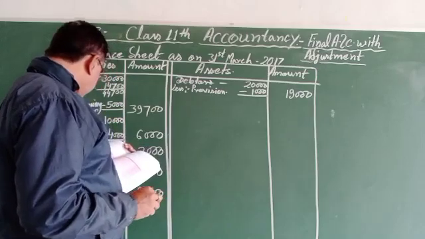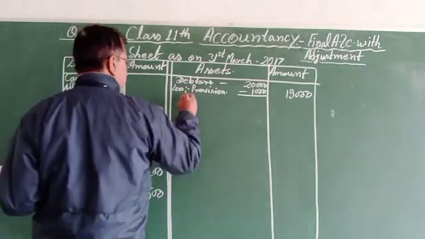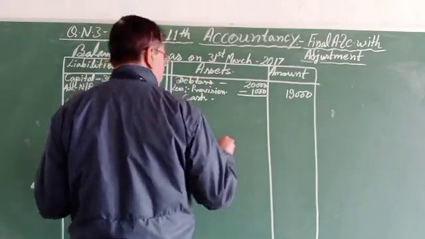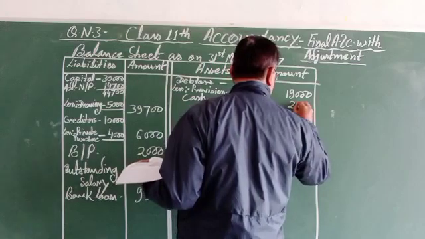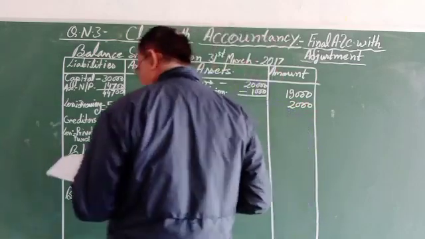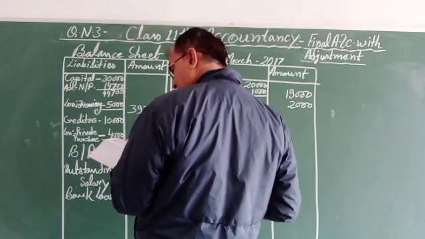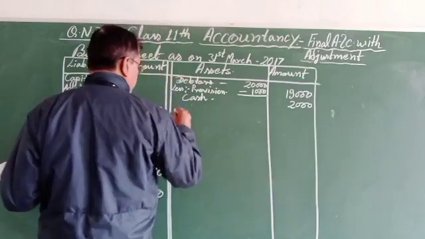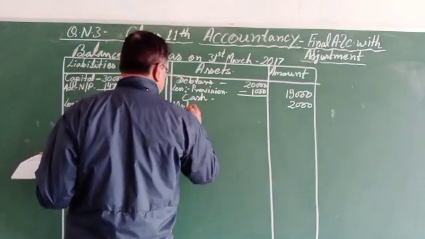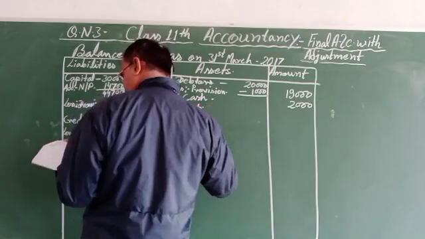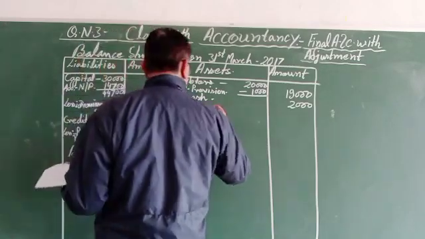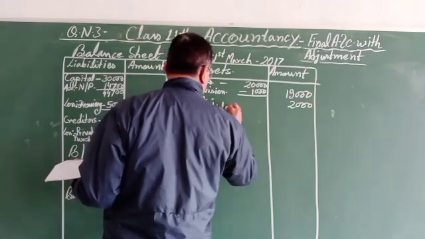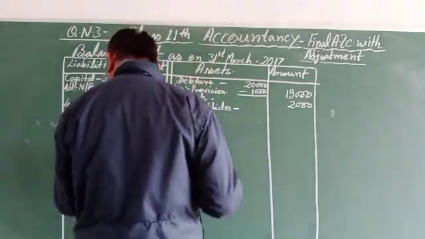Now come to the bank loan, interest on loan, cash available in the organization. Cash is equal to 2,000. Provision for bad debts, stock, motor vehicles, just the depreciation given.